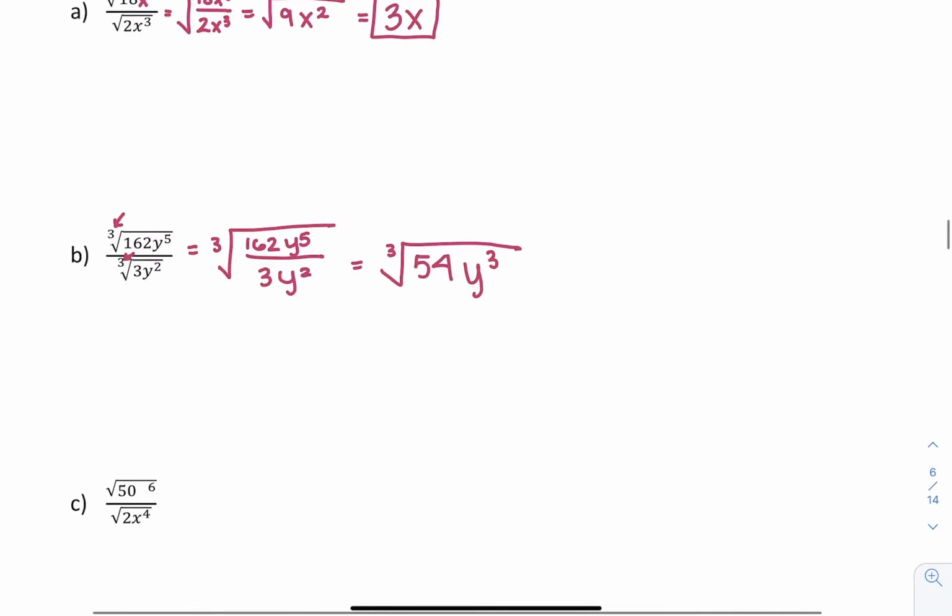Now I have to simplify, and 54 is not a perfect cube, but 27 is, and 27 goes into it twice. So 27 times 2 times y cubed. Remember, you could also have used your factor tree and found groups of 3. Now, the cube root of 27 is 3. The cube root of y cubed, remember it cancels out, is y, and then we're left with the cube root of 2.